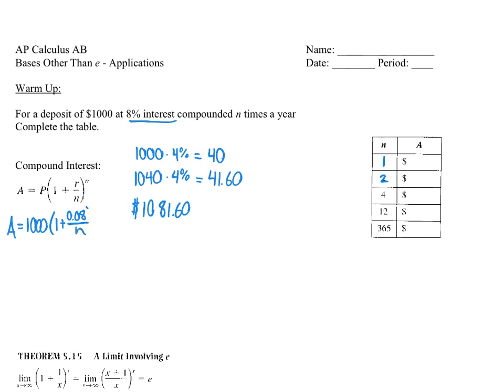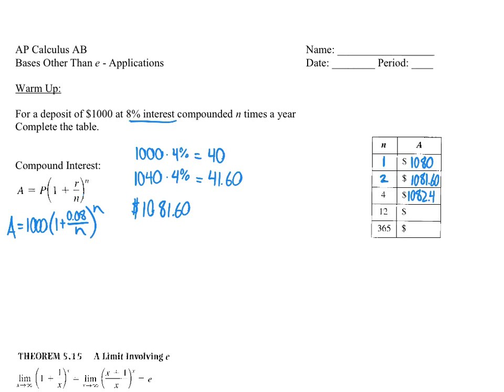We already said that you would get 1,080 after a year if it's not compounded at all. If it's compounded twice, we figured out it would be 1081.60. How about 4 times? I think it was 1082.4?